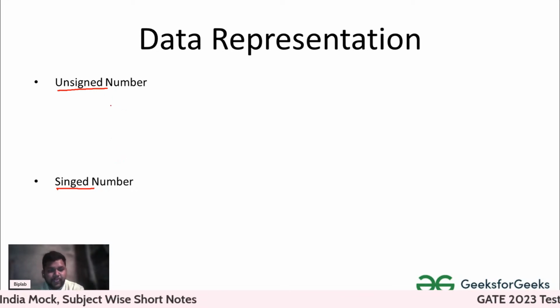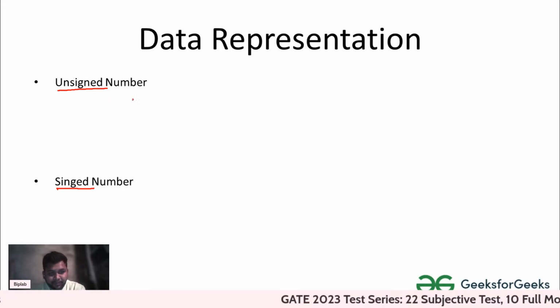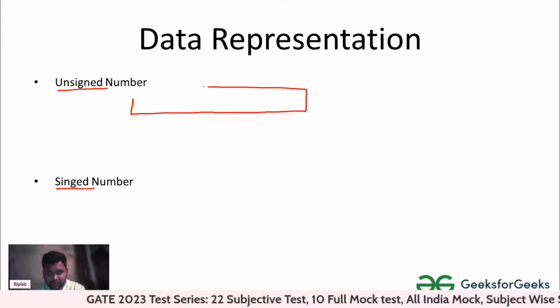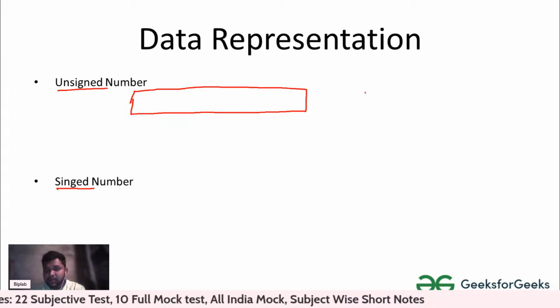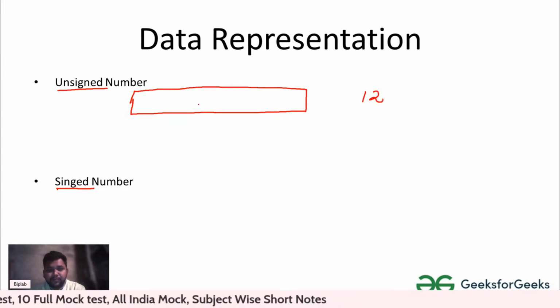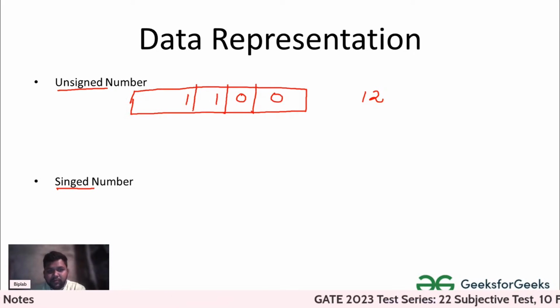In an unsigned number, let's say the number is 12, you just convert the same number into binary.